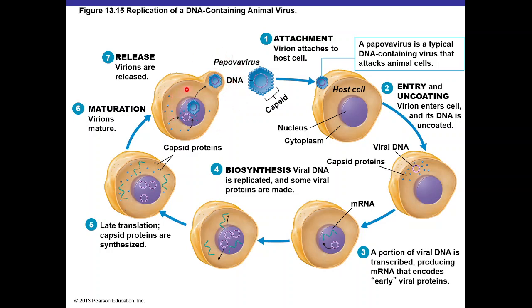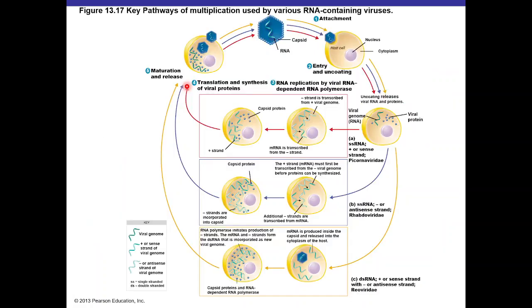Other viruses, in the case of DNA viruses, most of them do their steps in the nucleus, but some of them do them here in the cytoplasm. For RNA viruses, it depends on what type of RNA virus you have.